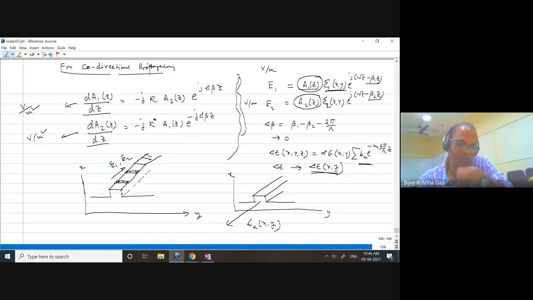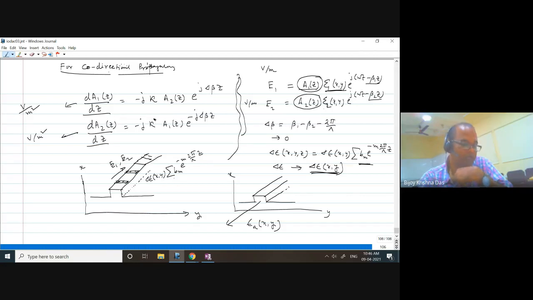We are considering that this perturbation can be written as delta epsilon xy and harmonics, Fourier terms, with m 2 pi by lambda z. But I want to have a perturbation something like this. How can you think of it?